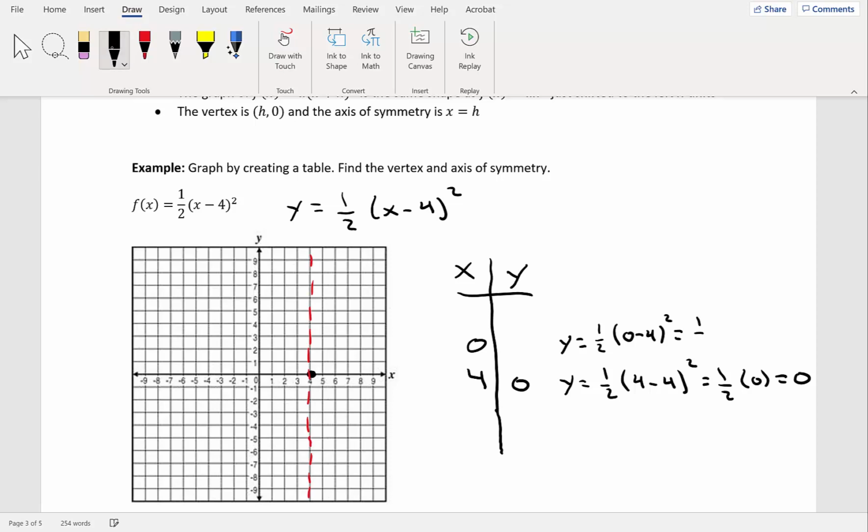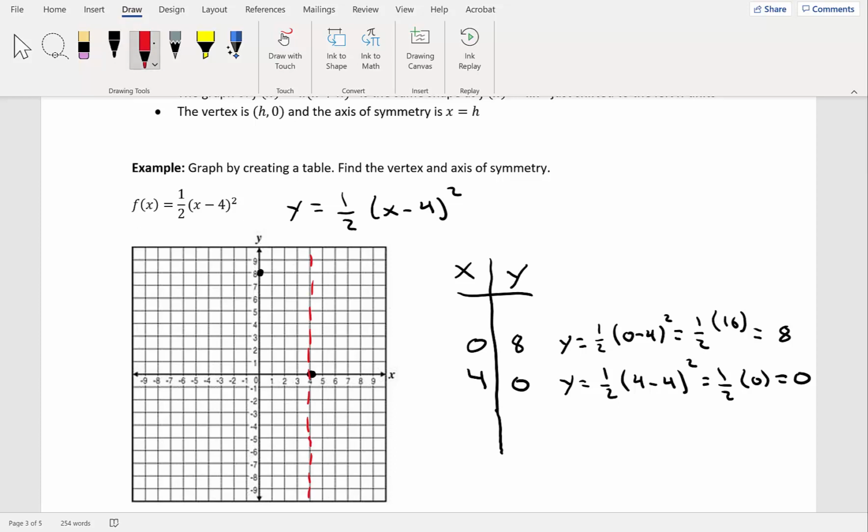This is equal to 1/2 times, now 0 minus 4 gives me negative 4. But negative 4 raised to the second power gives me positive 16. So I have 1/2 times 16, which is 8. So now I have another point. I have the point 0, 8. Okay. So 0, 8 is this point right over here.